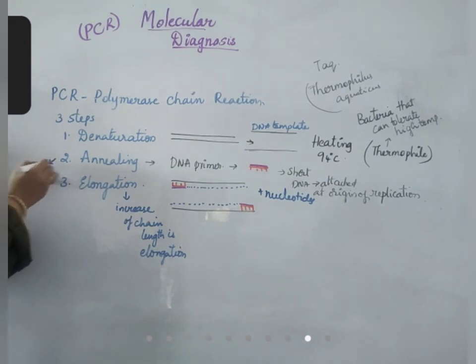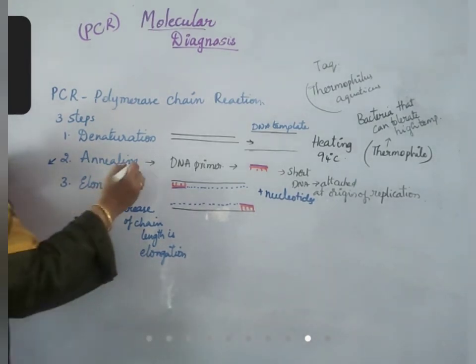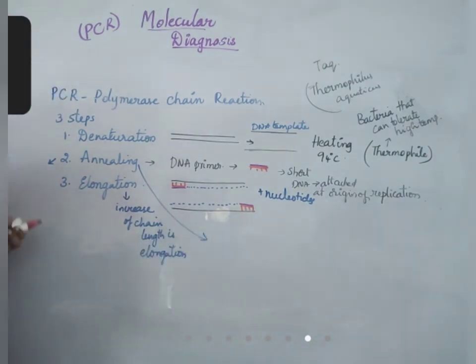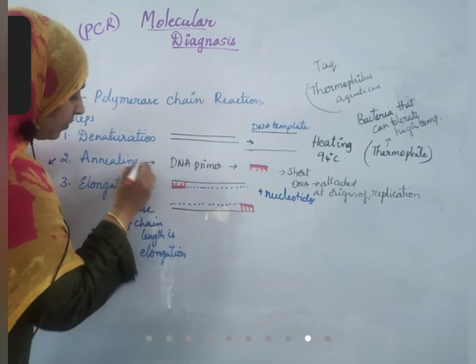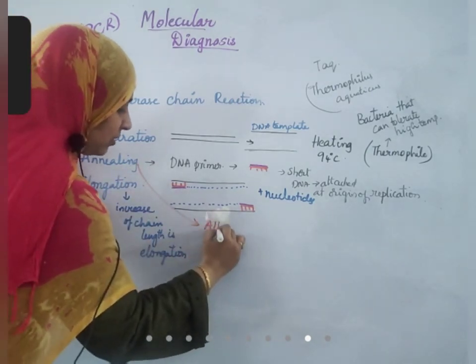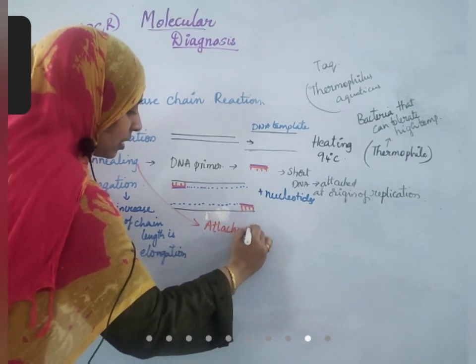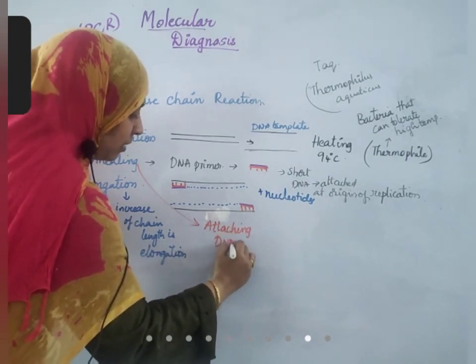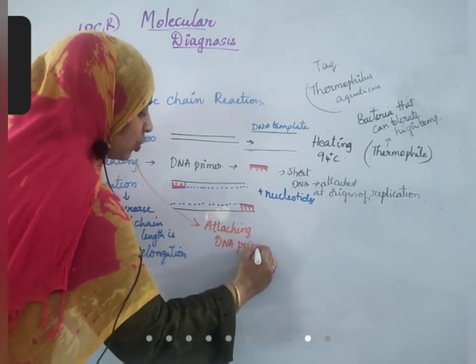DNA annealing is attaching radioactive, it's not visible here, I'll write here. Annealing is attaching a DNA primer. What type of DNA primer should it be?